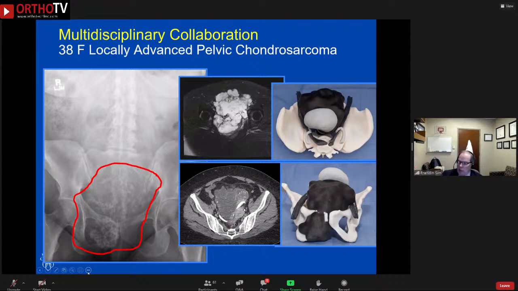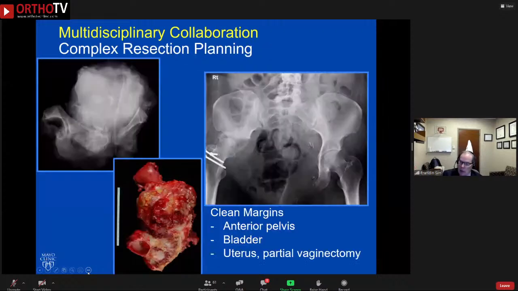And you see the value of the 3D model in demonstrating the relationship to the surrounding structures, plus involvement of the pelvic viscera. It also helped multidisciplinary collaboration among the various disciplines that are required to remove this tumor with clear margins, including the pelvic organs.